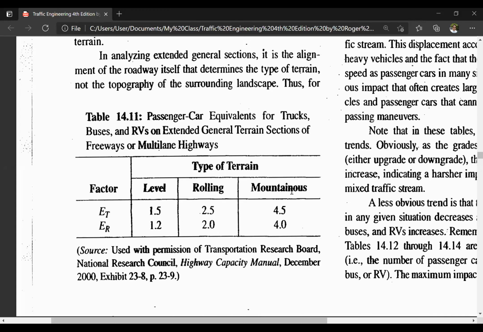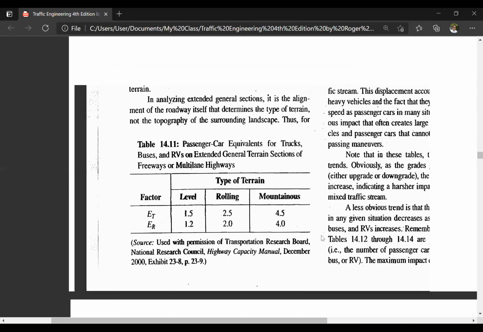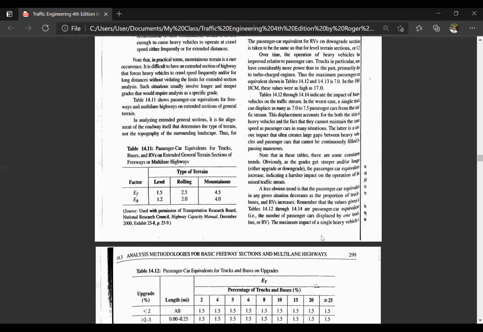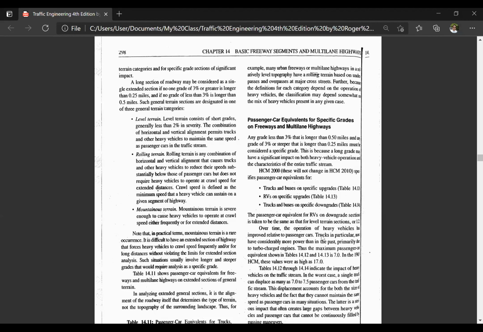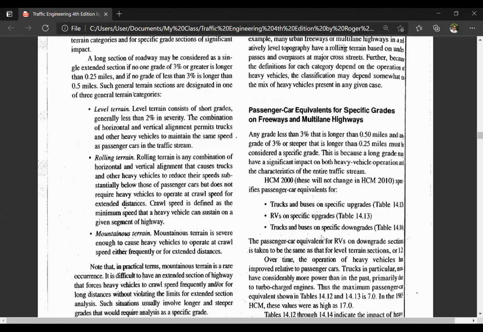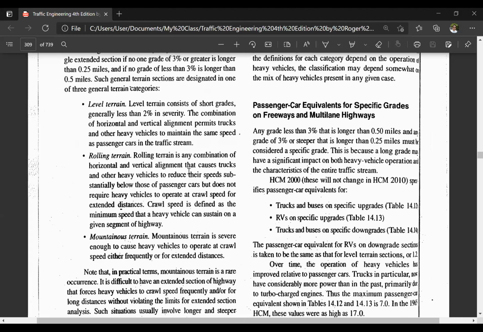For mountainous area, ET becomes 4.5, ER becomes 4. Anyway, the level terrain is identified according to this definition here. Terrain: level, rolling, mountainous.